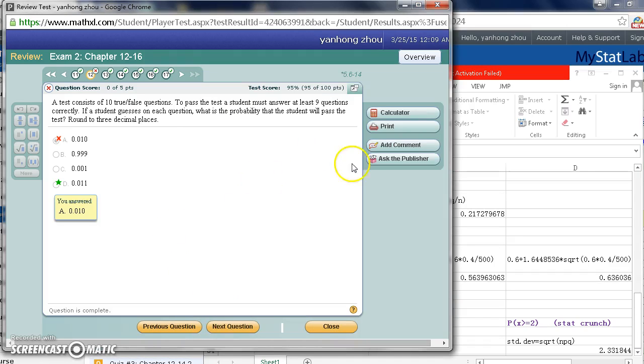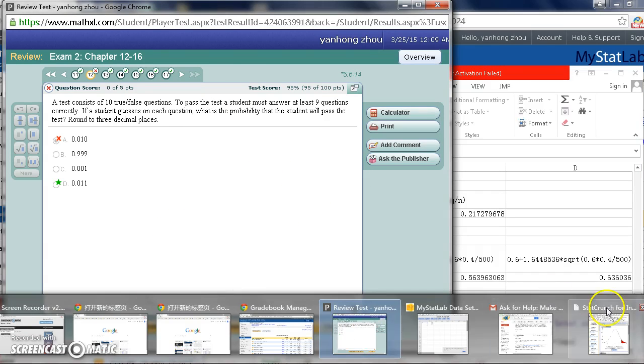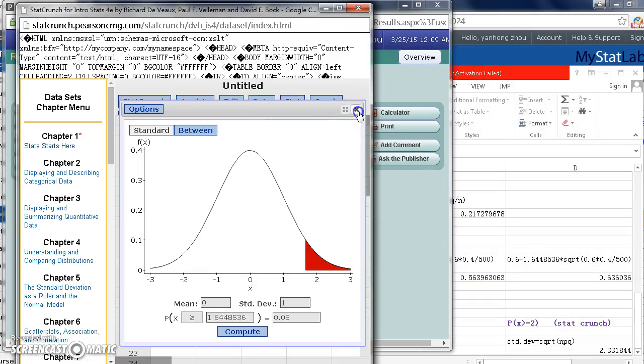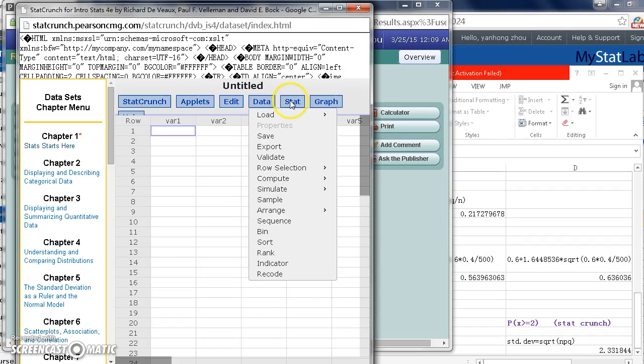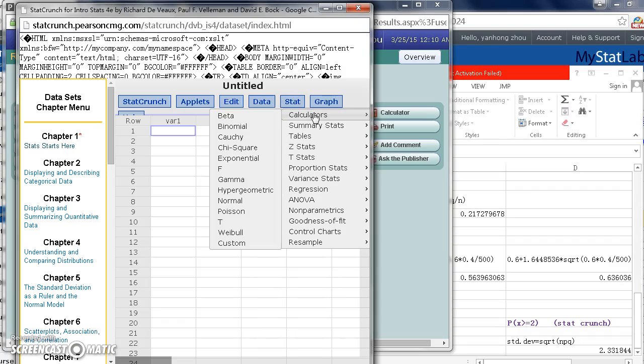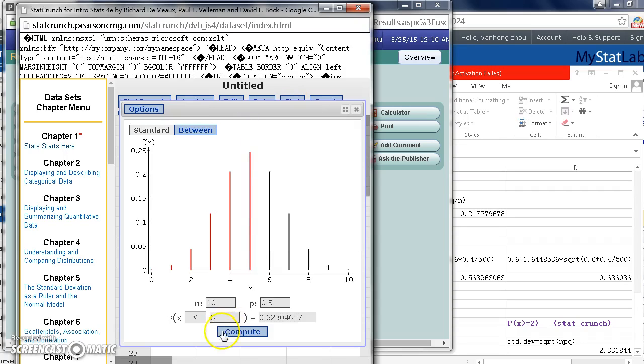This is a binomial problem, so we'll go to StatCrunch, use stats, calculator, binomial. I put 10, 0.5, and greater or equal to 9.